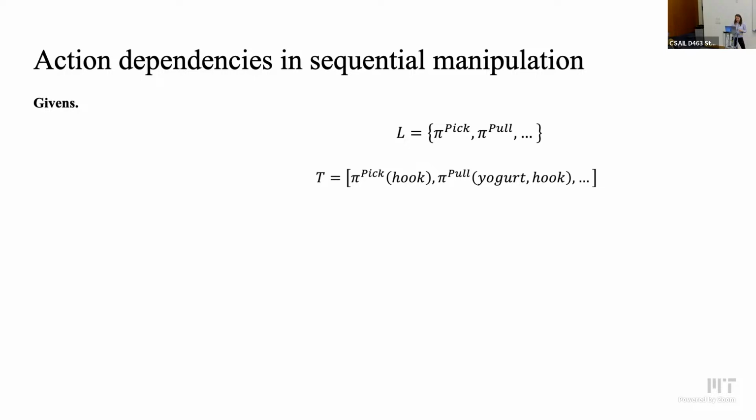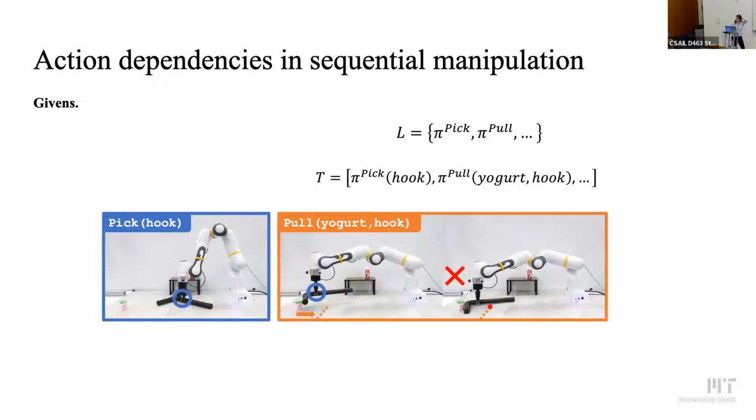Okay, so let's go back to what the challenge here still is, right? So again, we have this example where you want to pick up a hook to bring an object that is outside of the workspace of this robot closer to the workspace. But the issue is that if you just execute the task planning sequence in order without taking any geometric dependencies into account, this particular example will fail, right?